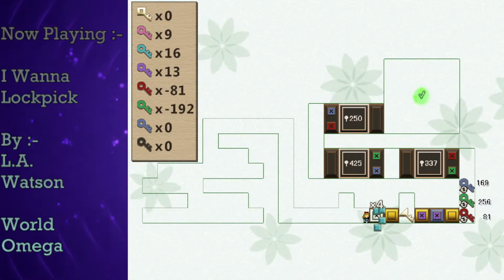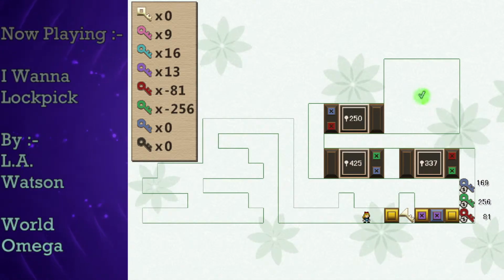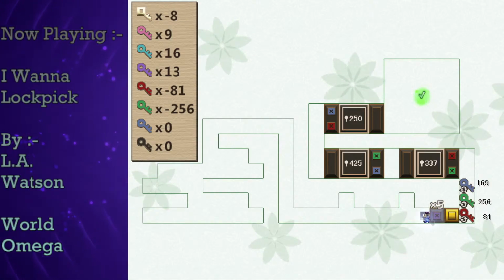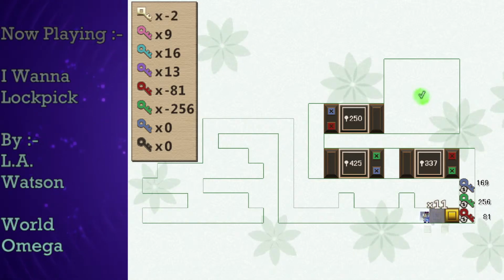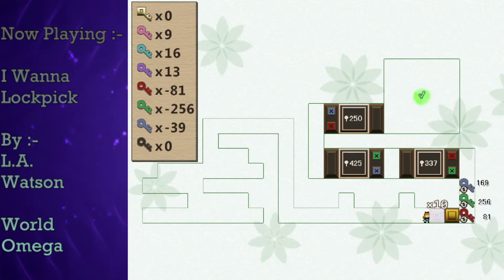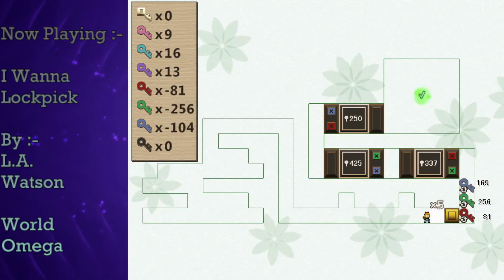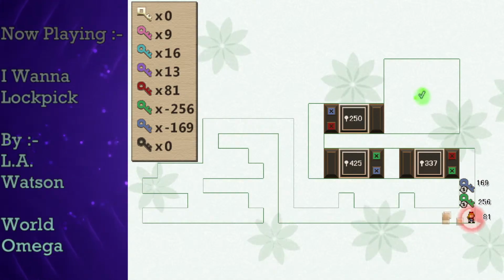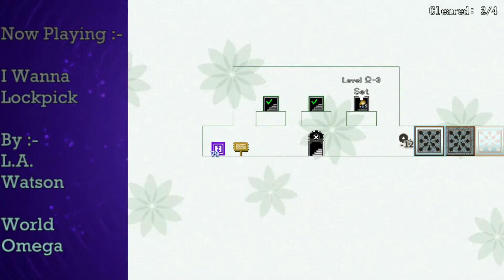More math puzzles, please. Almost done, almost done. Boom. It's as easy as that.